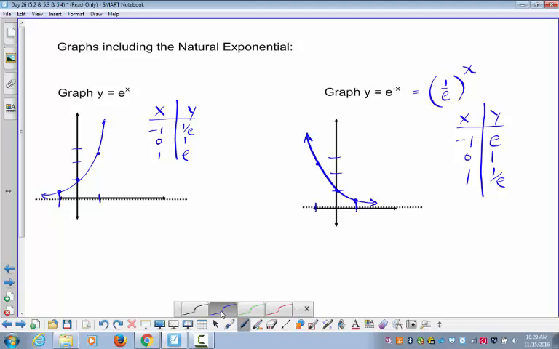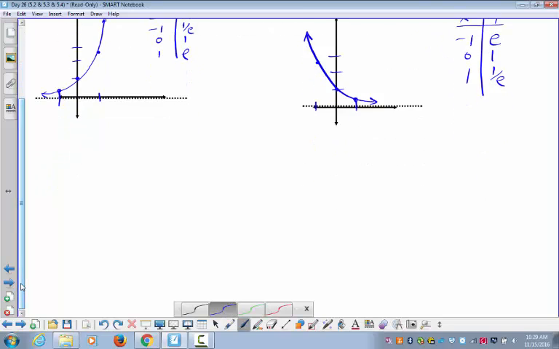But when you get into calculus, you do this really fundamental thing called a derivative. The derivative is just the rate of change, and it turns out that if you choose the natural exponential, the derivative is itself.